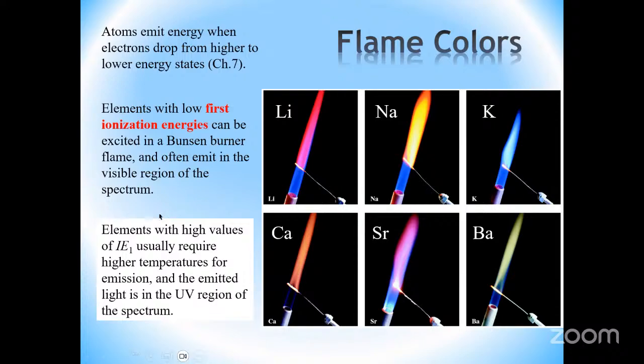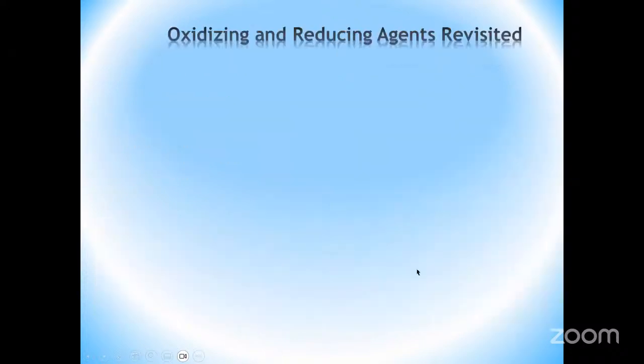And this is basically what you'll see for potassium, sodium, and so on, right? And the reason why this works is because the electrons in these metal ions will be excited as a result of the energy of the flame. They will move up to higher energy states and then fall back to lower energy states, and that will result in the emission of a particular color of light, right? So different ions will basically give different colors, all right?